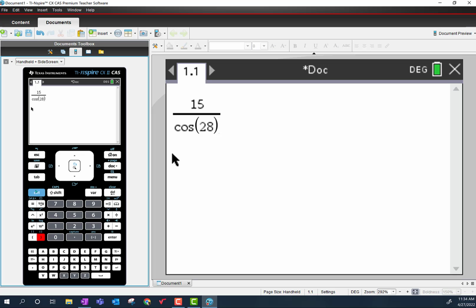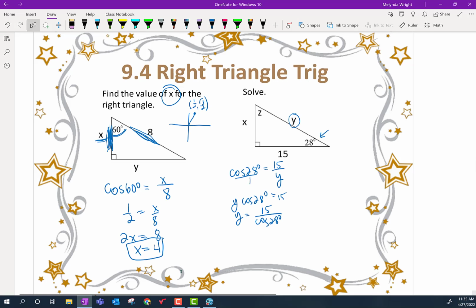And recall, we have to hit Control Enter, not just Enter, to get the decimal approximation. So side y, the hypotenuse, is 16.9886. All right, let's go back and put that down. So y is, and we'll round it, 16.989. Okay, great, got that one checked off.